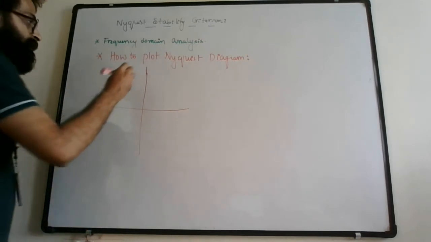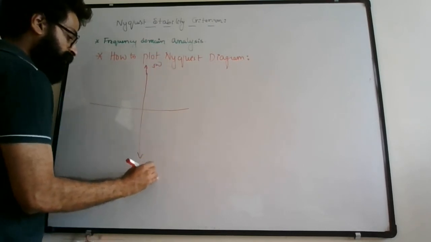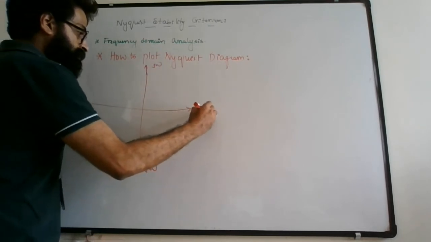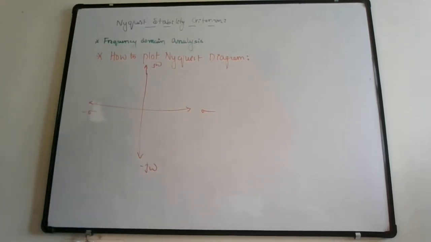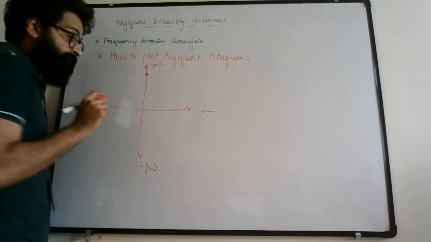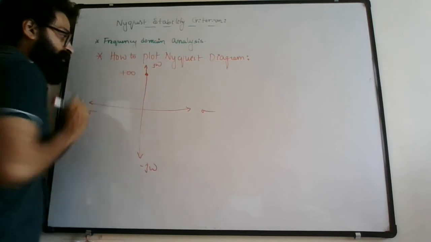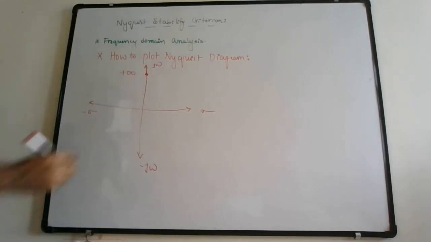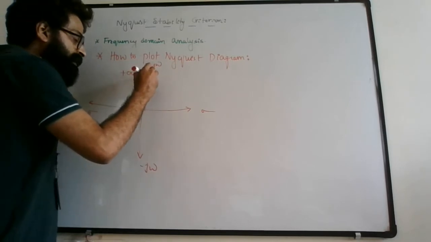Let's say this is your j omega, and this is your minus j omega. This is your positive real axis, and this is your negative real axis. In the Nyquist plot, I am going to consider the starting frequency as plus infinity. I'm going to vary the frequency from plus infinity to 0.